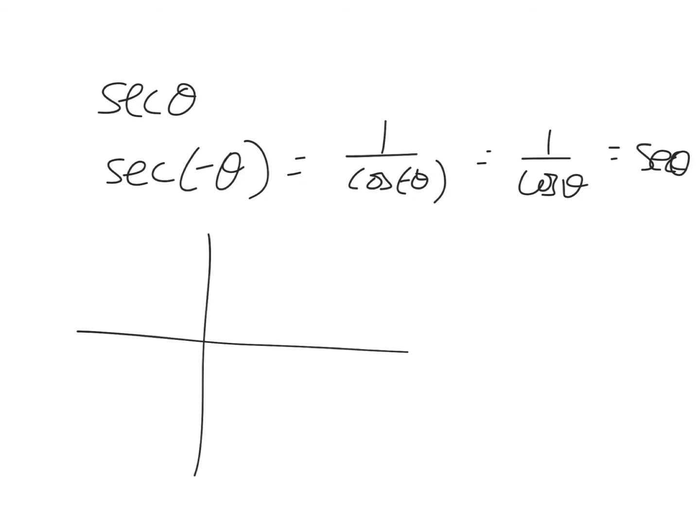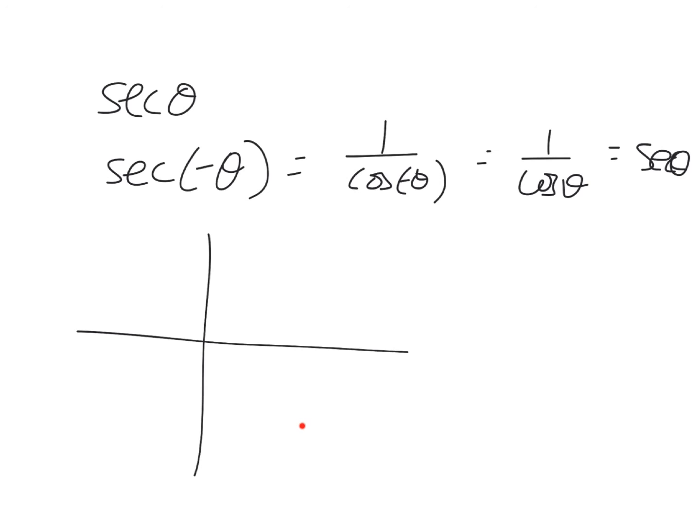Now, another reason why that's true, let's think about the unit circle, right? Let's say I had pi over 4. Pi over 4 is right here, right? So if we're doing the opposite theta, that means we're going backwards, negative pi over 4, right? What happened? Our x value stayed the same, but our y value flipped.